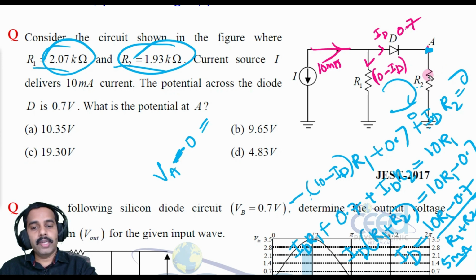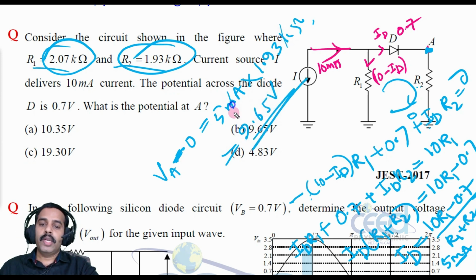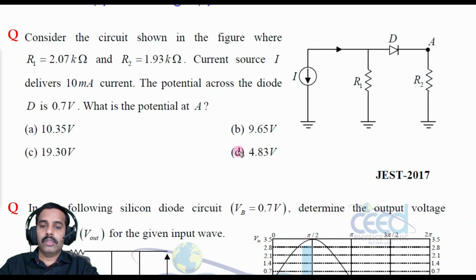ID is 5 milliampere and R2 is 1.93 kilo ohm. When you solve, the kilo ohm and milliampere cancel out, and 1.93 into 5 is 9.65 volt. So option B is correct.